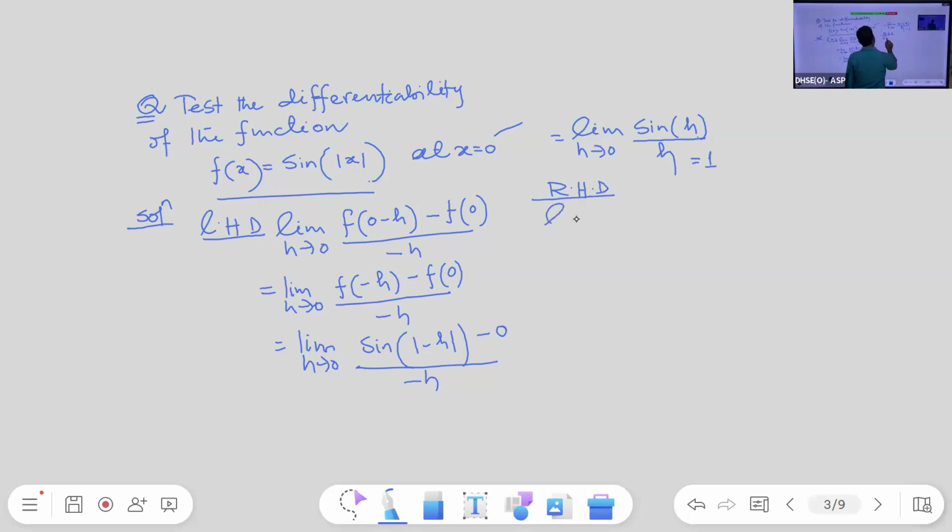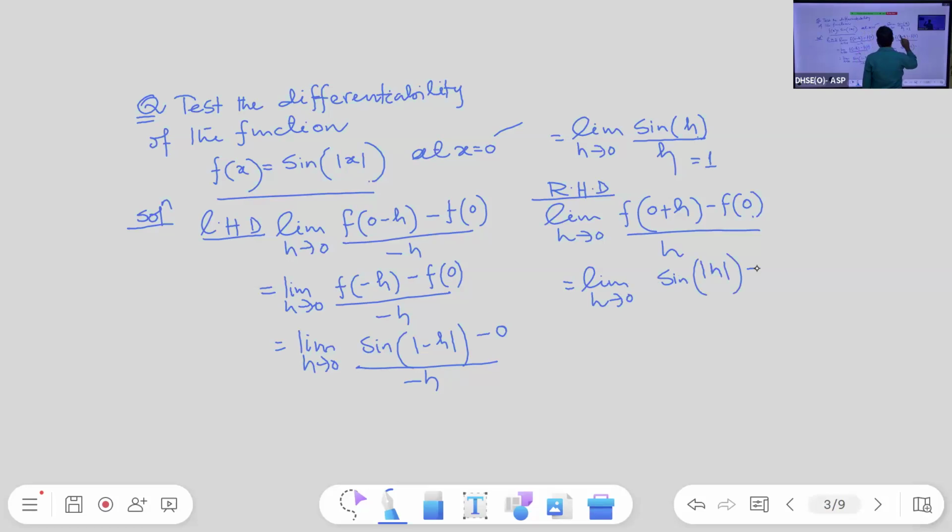RSD, limit h tending towards 0, f of 0 plus h minus f of 0 upon h. This is equal to limit h tending towards 0, sin of mod h minus sin of mod 0, sin 0 that is 0, upon h.